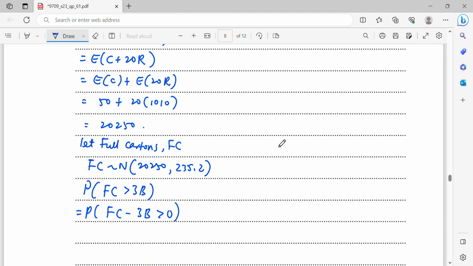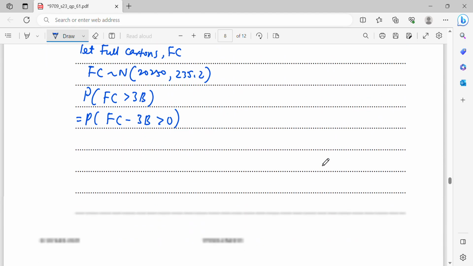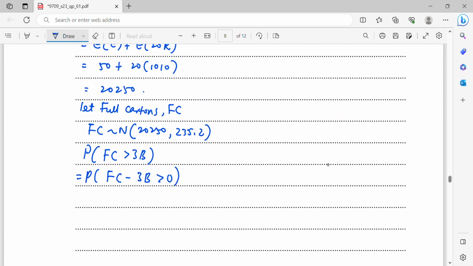So since FC and B are normally distributed, now we need to get the distribution for FC - 3B. Which means I need to get the expected value and variance for this. So what I need to do here is I will just find out my E first, the expected value.